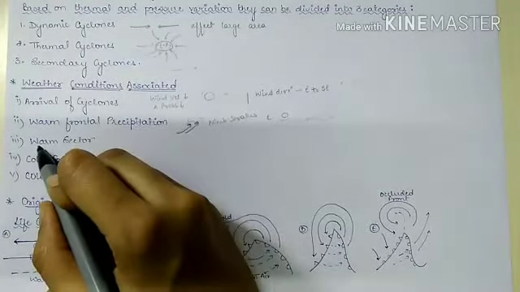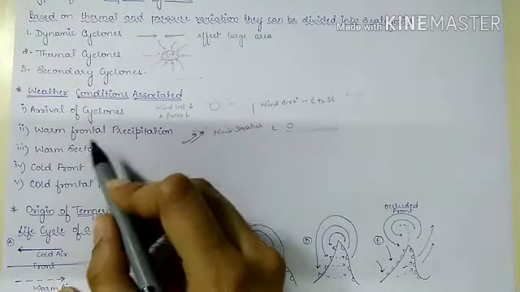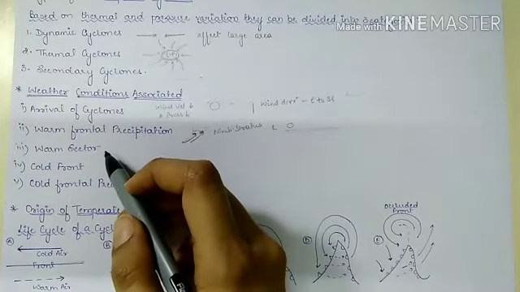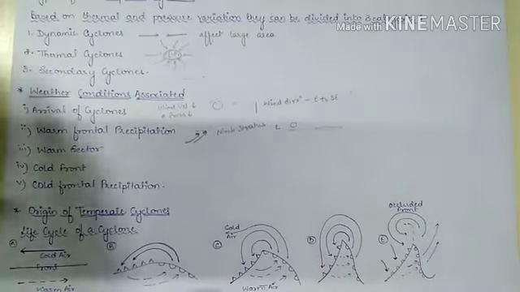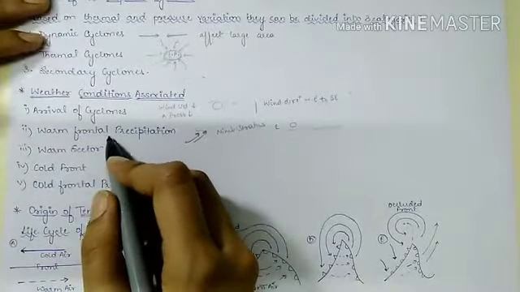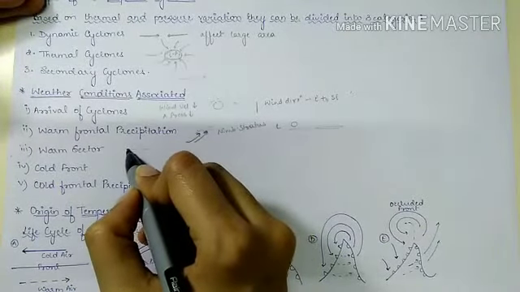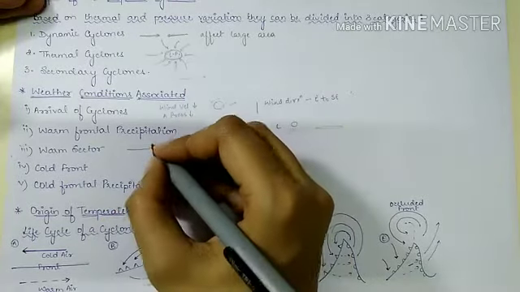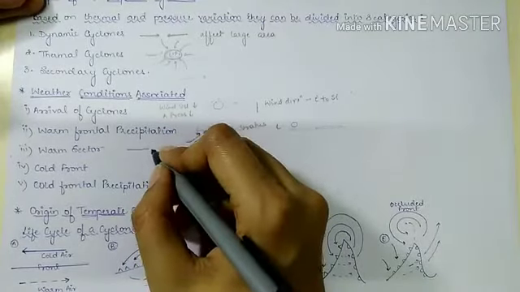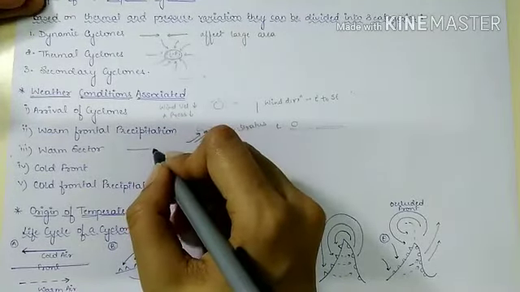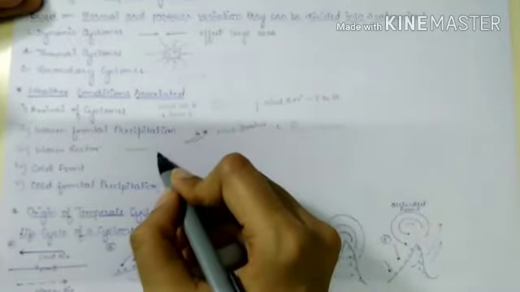Okay, next we will have warm sector. So after warm frontal precipitation, what will happen? After frontal precipitation is done, okay, then we will observe a sudden change in pre-existing weather. The wind direction that was east to southeasterly, now it will change to southerly.